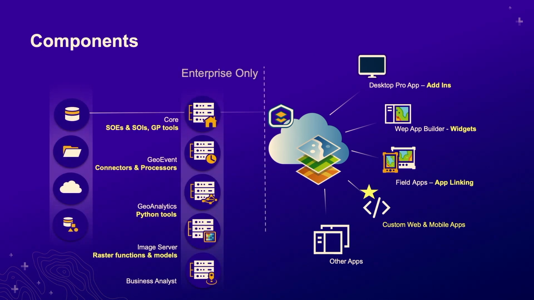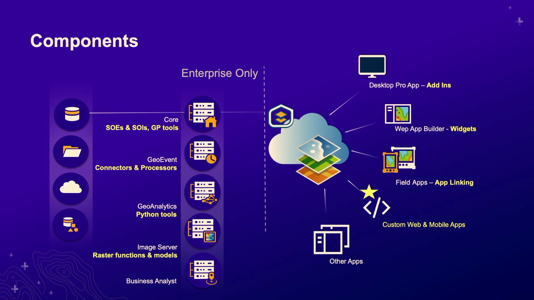Looking at ArcGIS Enterprise only, ArcGIS Enterprise does offer some additional opportunities for you to extend across our server products. Starting first with ArcGIS Server, you can create server object extensions, or SOEs, or server object interceptors, or SOIs, as well as GP tools. So you can create your own geoprocessing tool and publish that to ArcGIS Server.